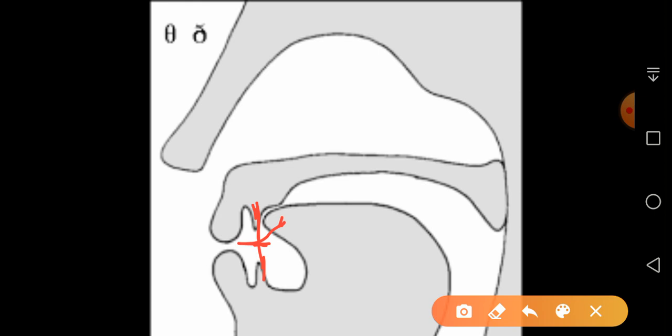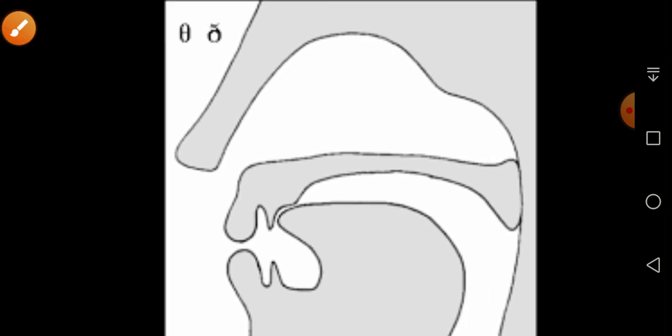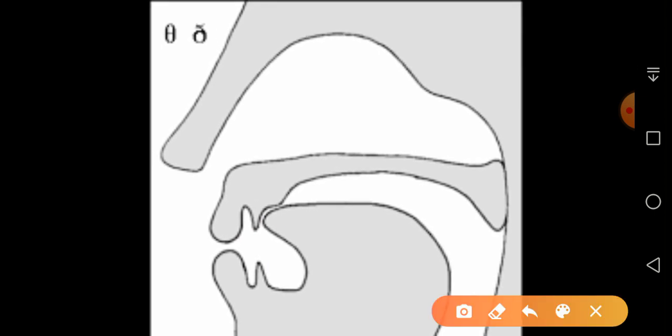But we Pakistani speakers and learners can't produce it like this. So what do we do? We place the tip of the tongue here at the back of the teeth, as you can see here. This is the upper teeth, so the tip of the tongue is resting against the upper teeth, and we produce it like this.